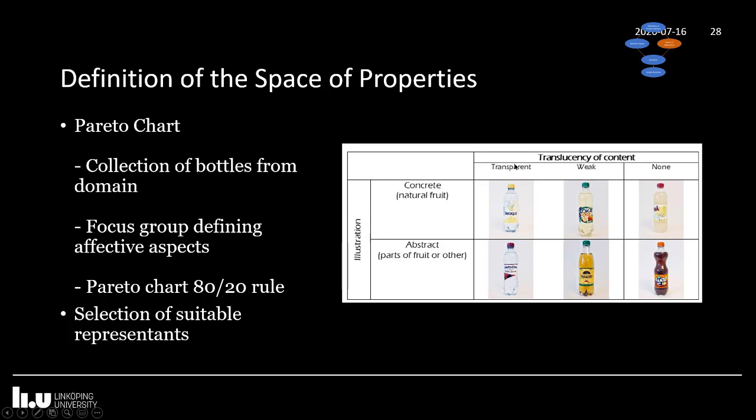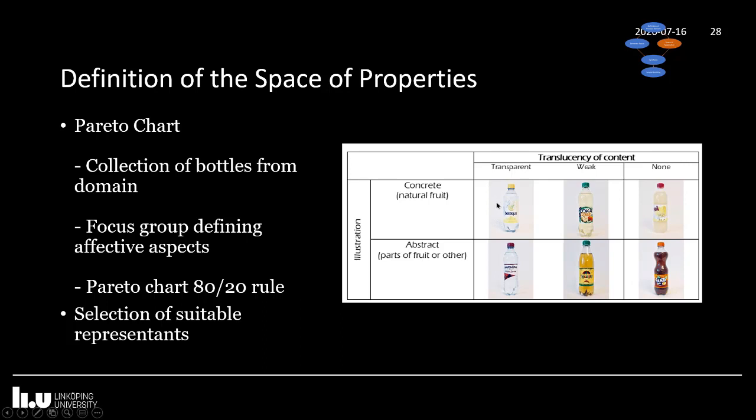And then you can see that for translucency, we had transparent, weak, and non-translucent. We had a concrete illustration, meaning that we had real fruits here, or we had some type of abstract things where we had umbrellas and so on, and you can see the difference here.